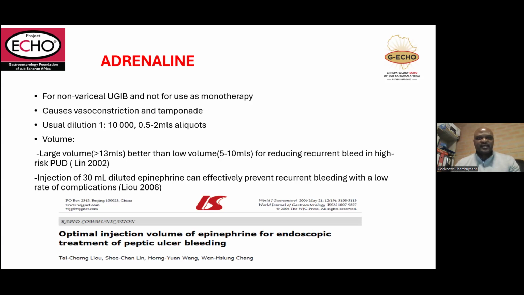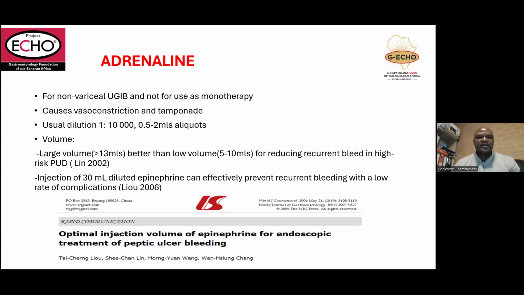And injection of about 30 mils of diluted epinephrine is very effective to prevent recurrent bleeding, with a low rate of complications. So these were some of the studies which were done some years back, and the volume which probably works, depending on the size of the ulcer which you are injecting, is between 13 and 30.